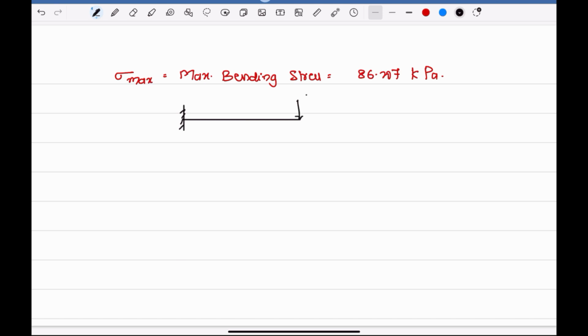Whenever there is a point load P, the moment will be 0 at the free end, and the moment will be maximum at the fixed end. This is a negative moment.